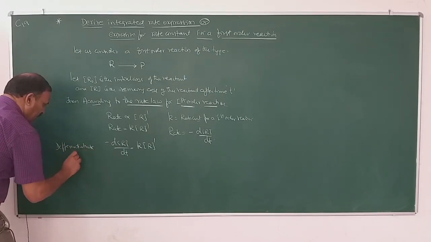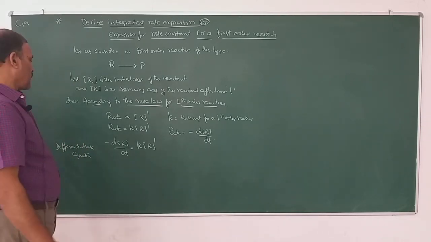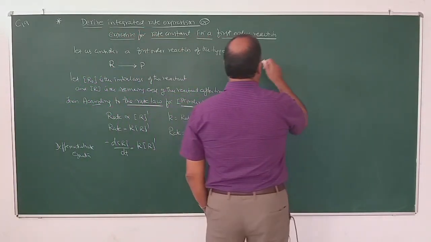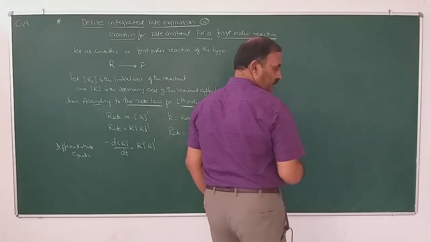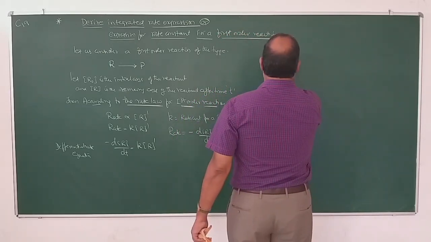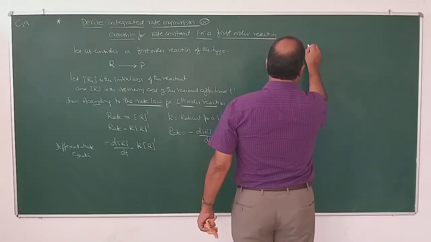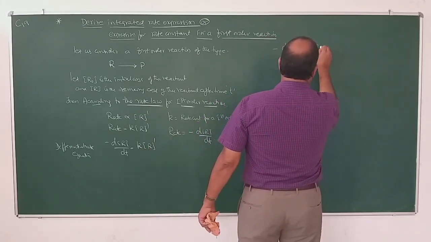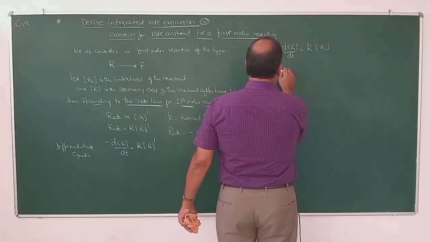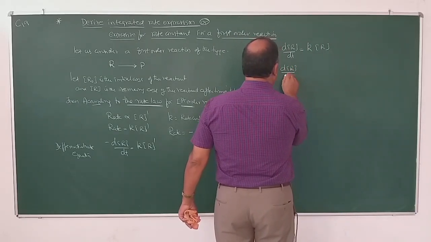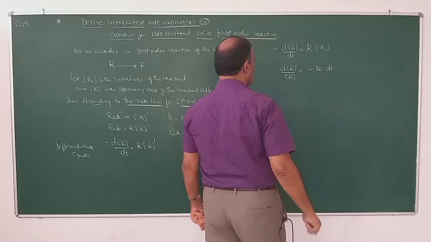Then rearranging, minus d[R] divided by dt is equal to k into [R]. On rearranging, d[R] divided by [R] is equal to minus k into dt.